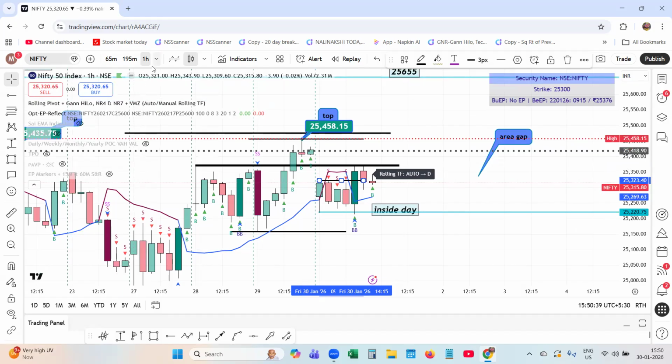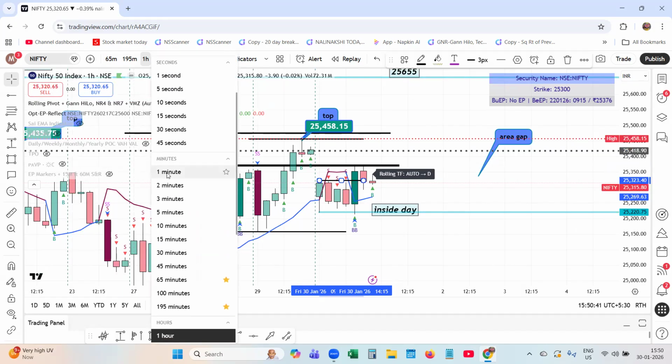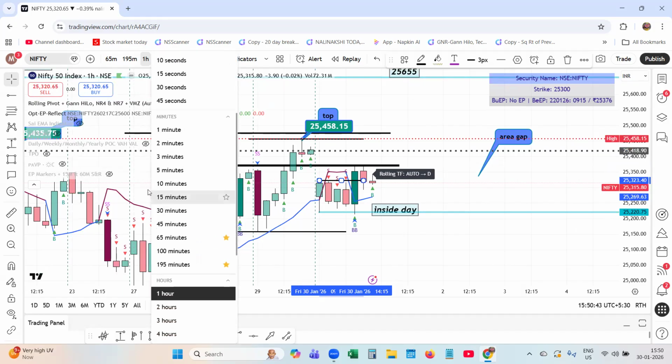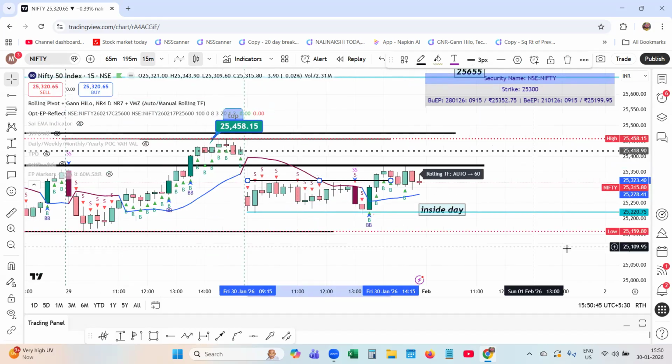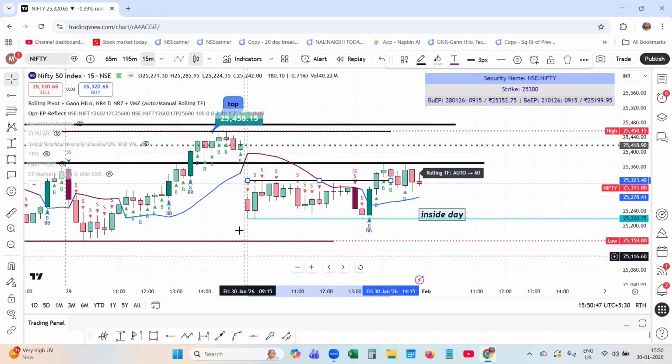For that, let me change the time frame to 15 minutes. Initial trade, the direction was rotation. You could have taken a sell trade, a PE trade, around 10:15, and you could have completed around 11:30.